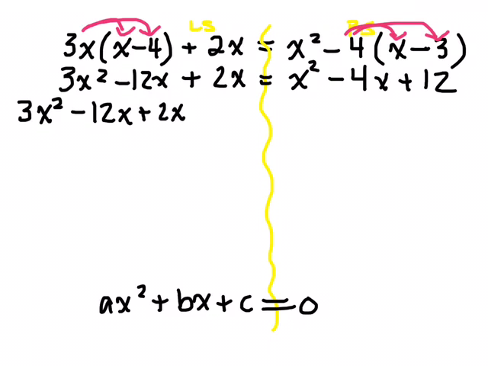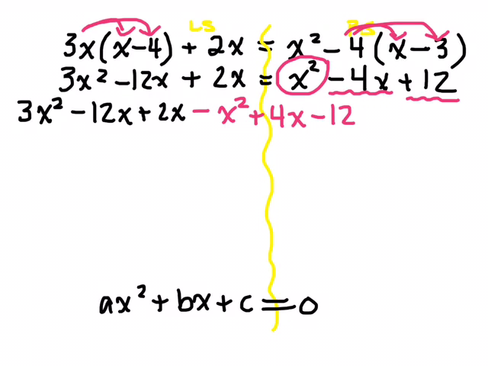I have a positive x squared term on the right side. It becomes negative x squared. I have a negative 4x on the right side. It becomes positive 4x. And then I have a positive 12. It becomes negative 12. And I'm left with nothing on the right side.